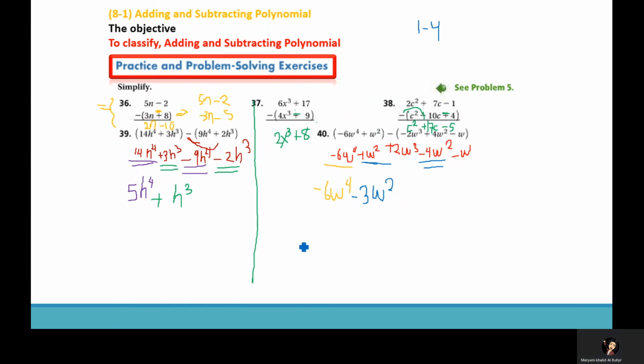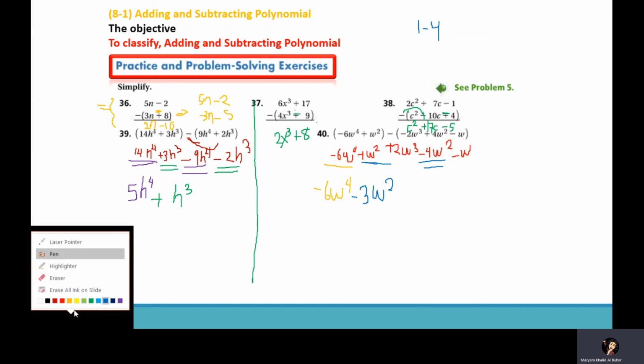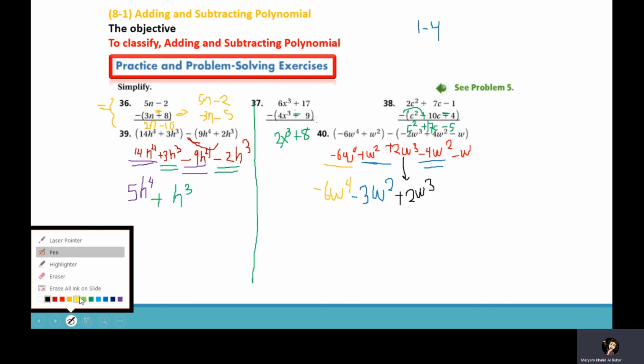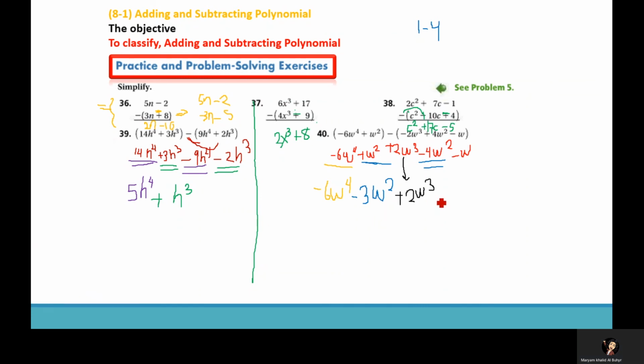This one, nothing to work with, nothing to add with this one. There are no like terms here. So I'm going to drop this here as it is. So plus 2w to the power 3. There is one more term, which is also not like the first one. So that will be minus w. This is the answer.